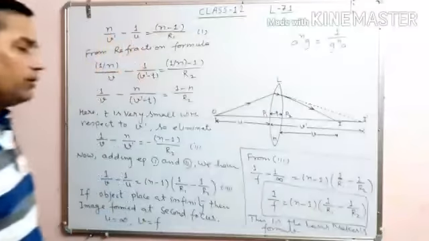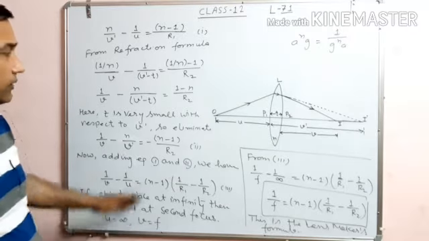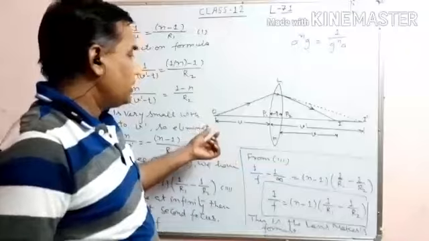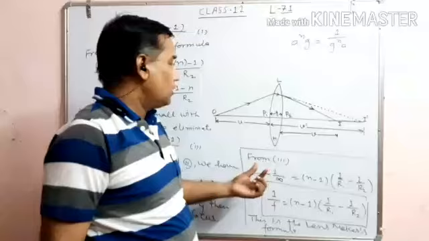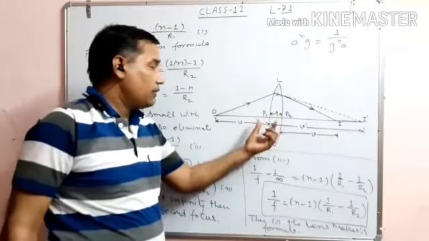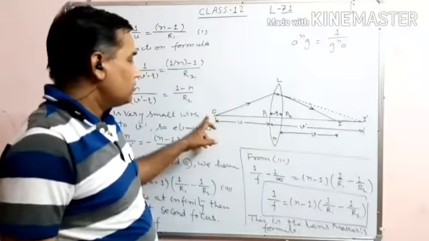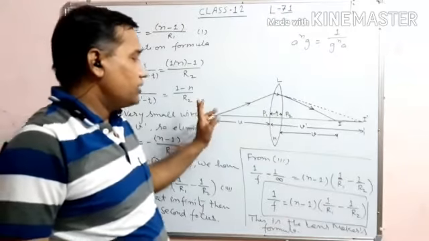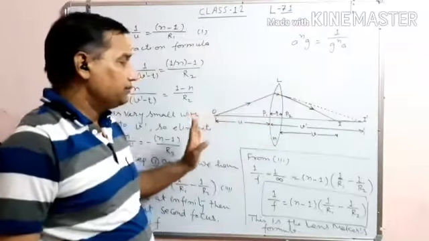I hope there is no problem here. All things are clear. There was only one important point, a condition that arises from the diagram, so I repeat it here, listen very carefully. Here we are taking a thin convex lens with two surfaces P1 and P2, and its radii of curvature are R1 and R2 respectively. For the first face, point O is a point object and its image is formed at point I dash by surface P1.